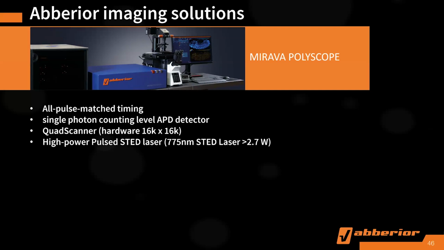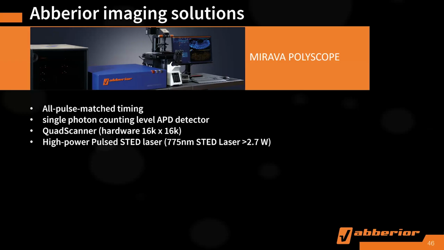You can also think all the optical components in our system, in MIRAVA, they can handle 2.7 watt. What does that mean? It means they are cutting edge quality. They are very good. Otherwise, they will be burned easily.